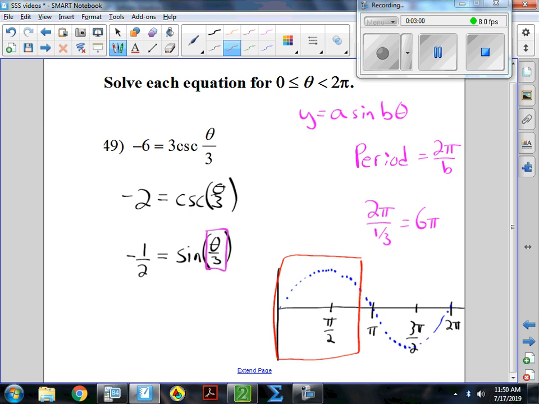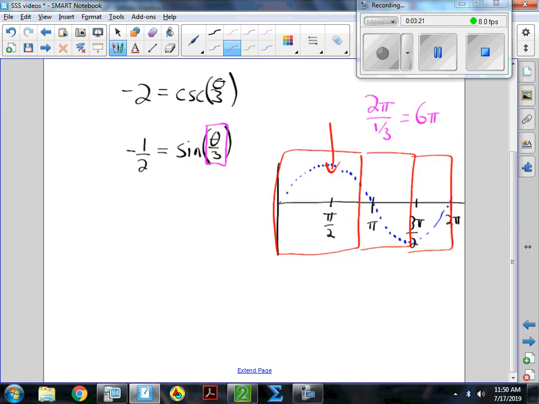Okay, because then 4 pi divided by 3, and then 6 pi divided by 3. So my box is a little bit off. But a third of my graph doesn't even get into the negative values. If I drew this out from 0 to 6 pi, you could see what I mean.